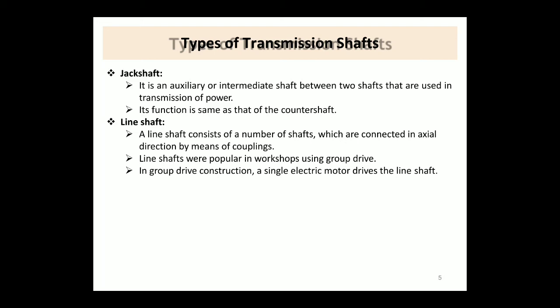A line shaft consists of a number of shafts which are connected in axial direction by means of couplings. Line shafts were popular in workshops using group drive. In group drive construction, a single electric motor drives the line shaft.